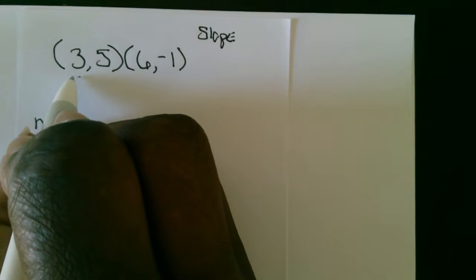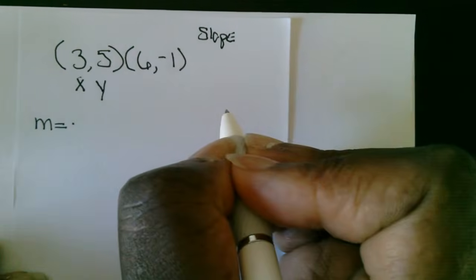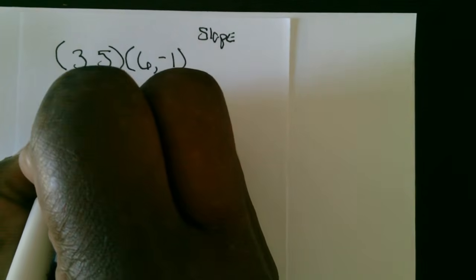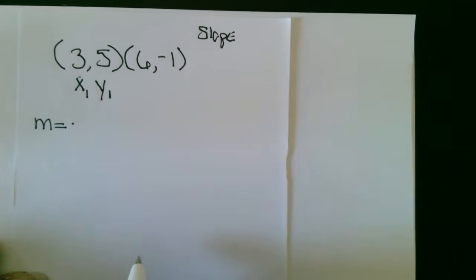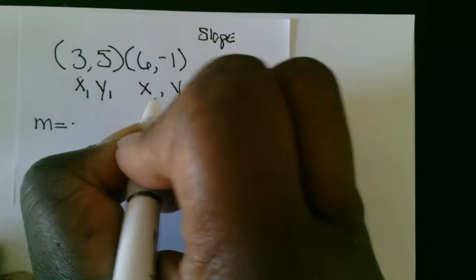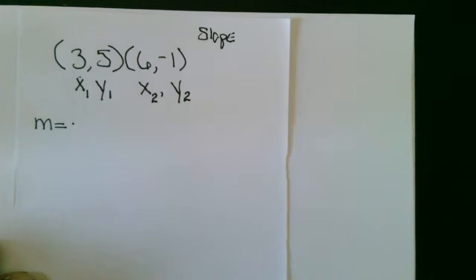Some people read from left to right. Since this is the first point, and my points are always labeled as X and Y, I'm going to label it with the subscript 1. This is my second point, my X and my Y, and I'm going to give them the subscript 2.